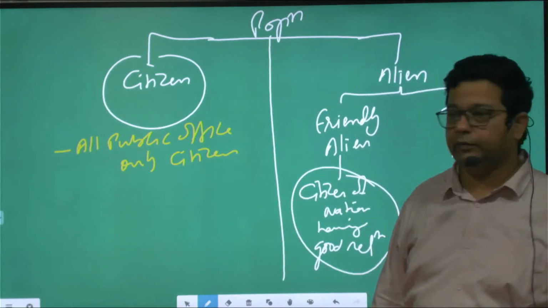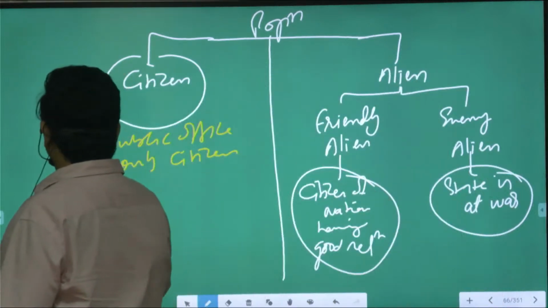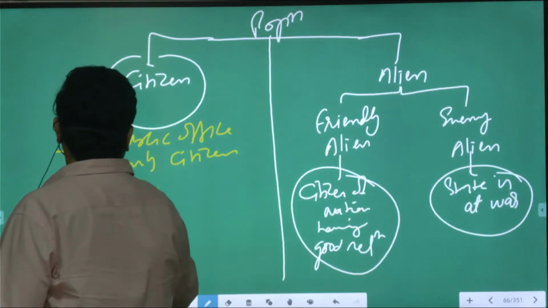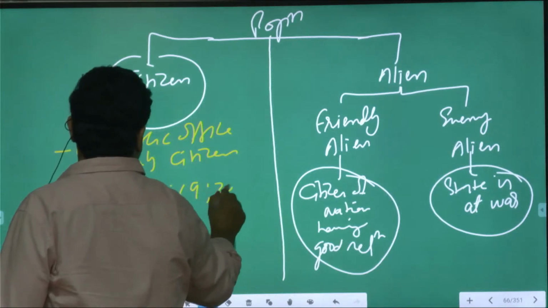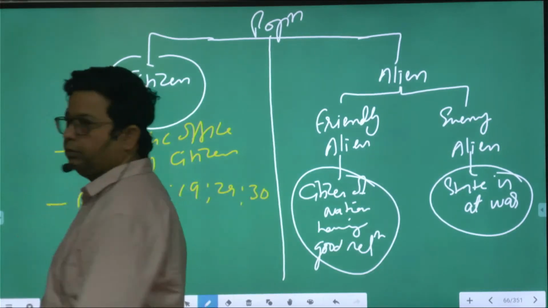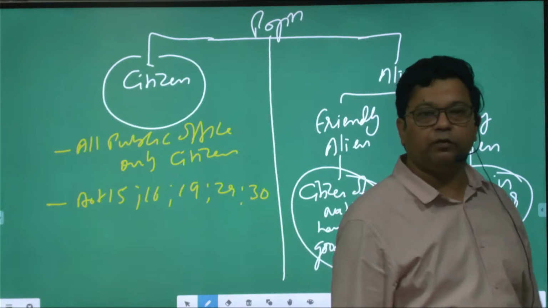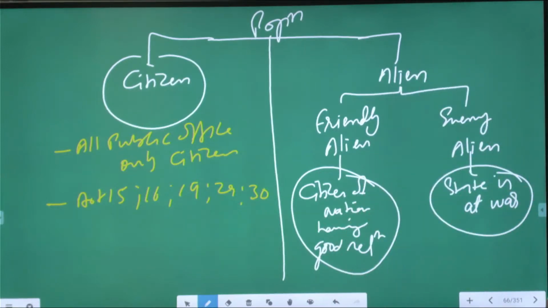Are you getting my point? There are certain fundamental rights like Article 15, 16, 19, 29, 30, only for the citizens of India, not for everybody. Getting my point? Yes or no?